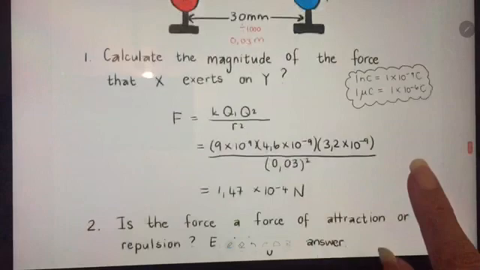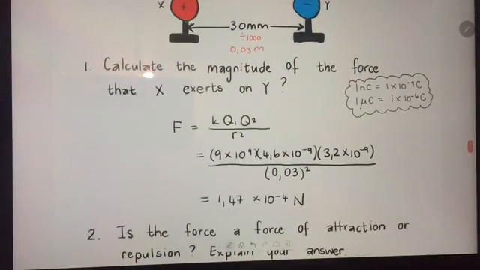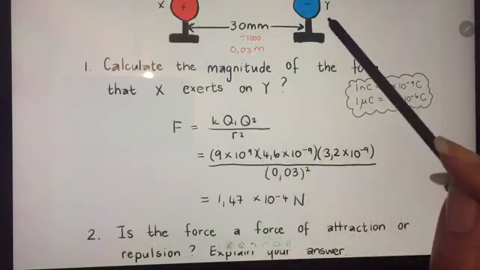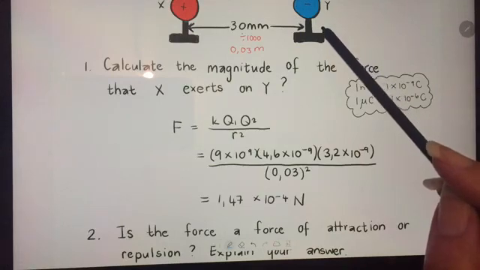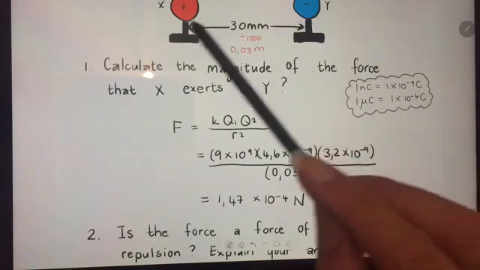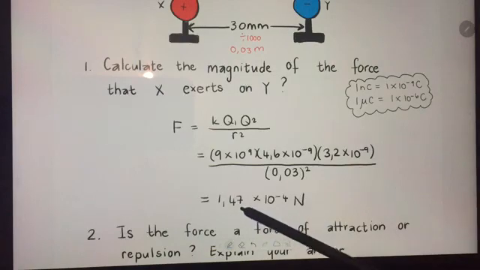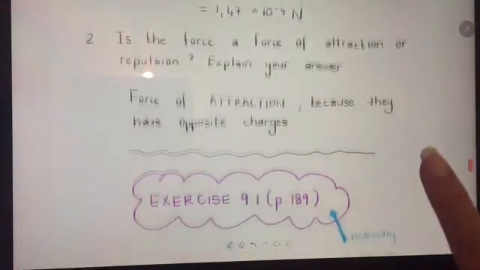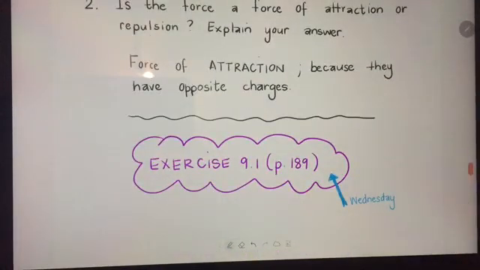And then the other thing that I just want to remind you here, this force of 1,47 times 10 to the power of negative 4 Newton, that is the force that X exerts on Y, but that would also be the force that Y exerts on X. It's also going to be 1,47 times 10 to the power of negative 4 Newton.